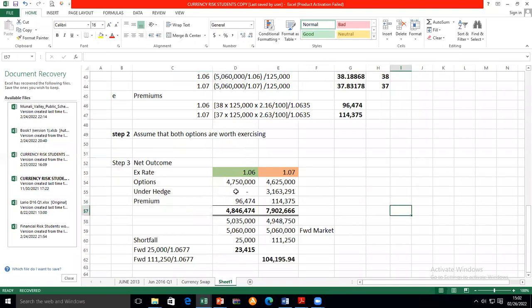So we are done. So the underhedge, we have this amount here. The premiums, we have our premiums there. So if you use the options, that's what it will cost you.